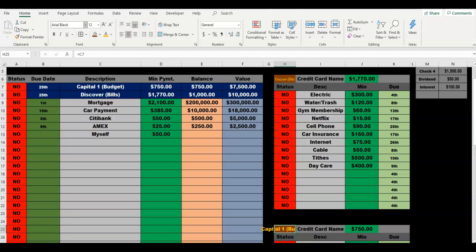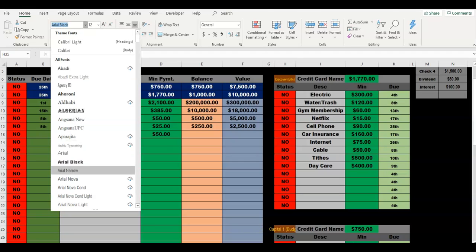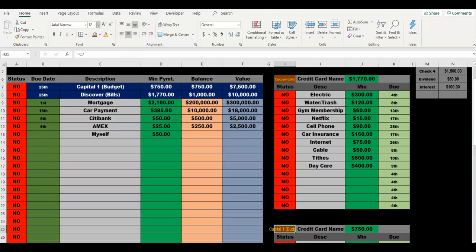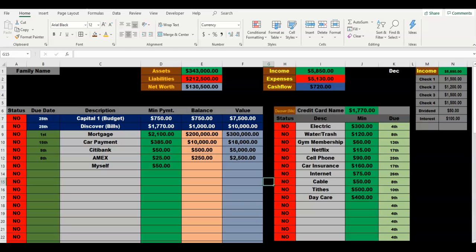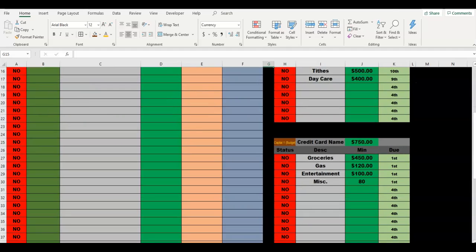It tells you which card you're using. It's just good to have that so you know which one it is. All right, put all of these on autopay. Now, how is this going to work? We'll do a step by step in the next video.